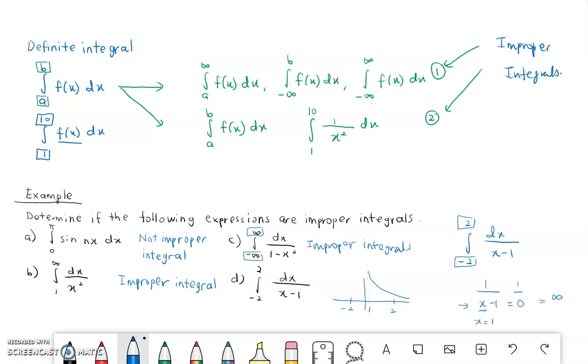So here the function is discontinuous at x equals 1. Therefore, this integral falls under type 2, where the function is discontinuous at x equals 1. So D is an improper integral.